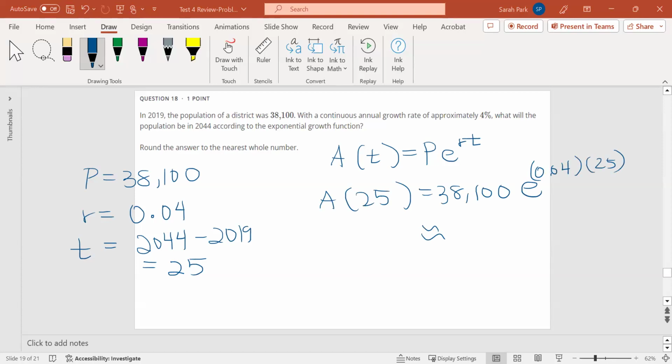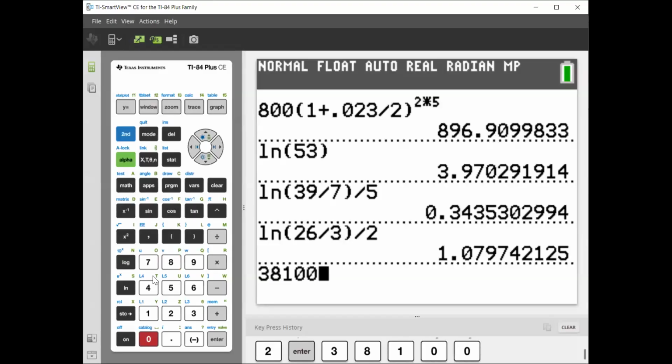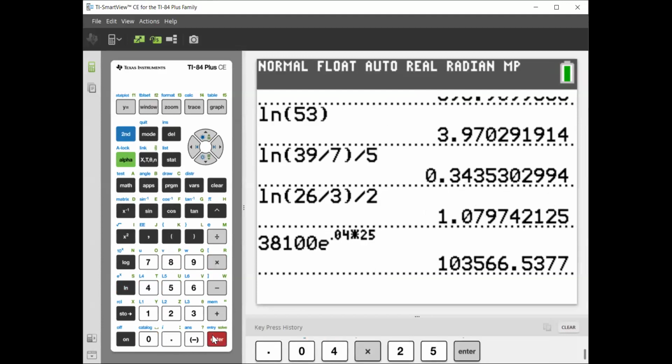So we got 38,100. My e button is right here. And we type in 0.04 times 25 and get 103,566.5377. Remember, we have to round that.